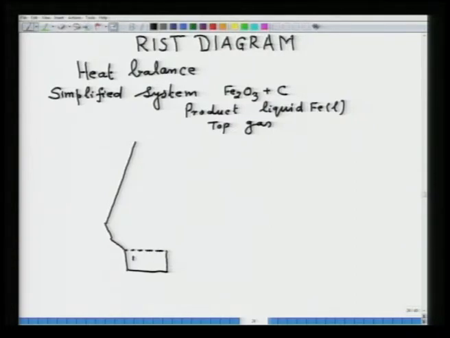So, this is the hearth, this is the bosh, this is the belly. My objective is not to tell you the design of the blast furnace, and this is the stack region of the blast furnace.